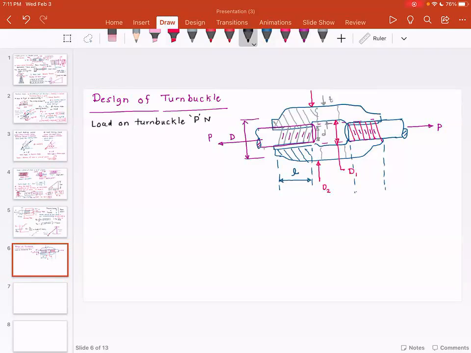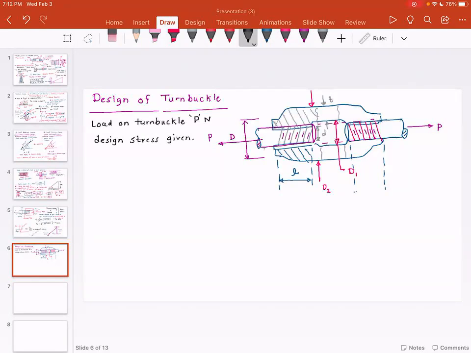This is the design criteria that our turnbuckle should be able to sustain this load. And then we will give you the values of the design stresses. So design stresses are known, are given.